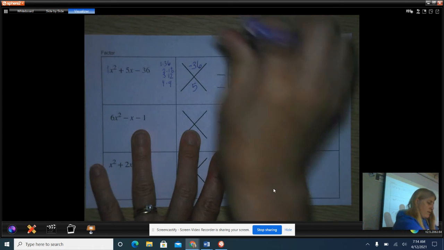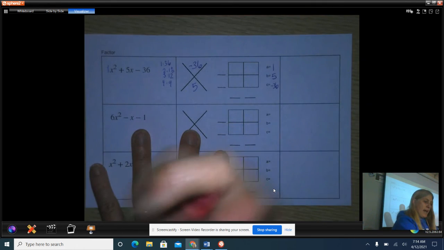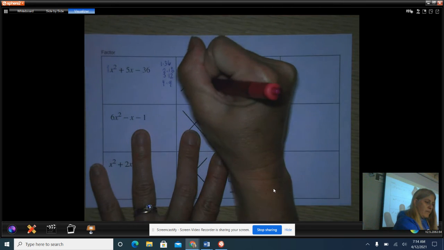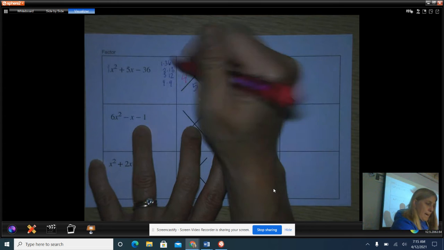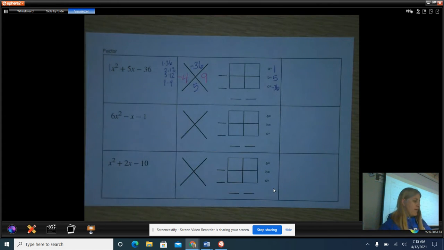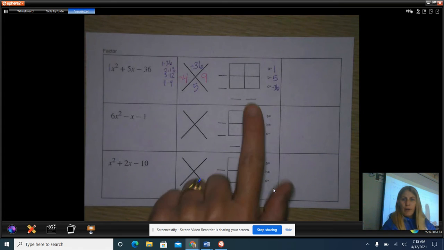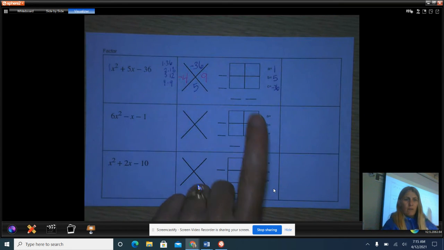So that's what we're looking for, our 4 and our 9. Now we need this to be a positive 5, so we know that 9 minus 4 is 5. Now we're ready to take this information and transfer it over to inside of our generic rectangle.